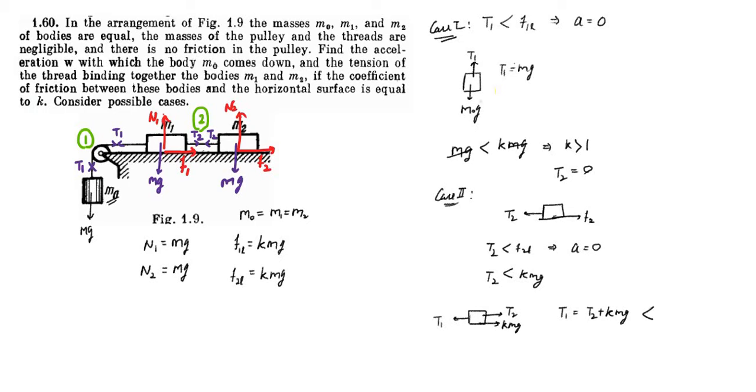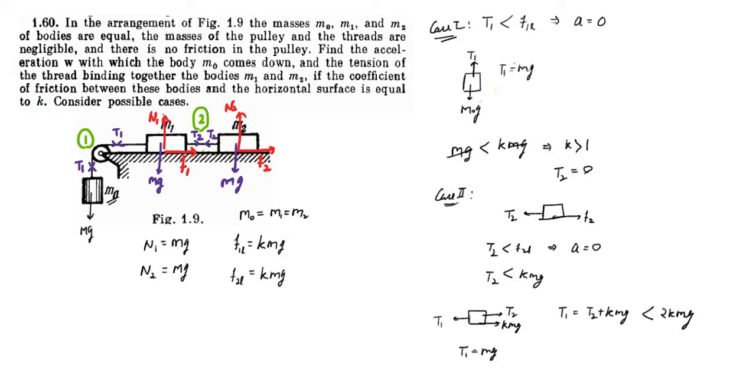The maximum value of T2 is kmg. So this is always less than kmg plus kmg, that is 2 kmg. Now as acceleration is equal to 0, we have already seen that T1 is equal to mg. So T1 is equal to mg, which is less than 2 kmg.